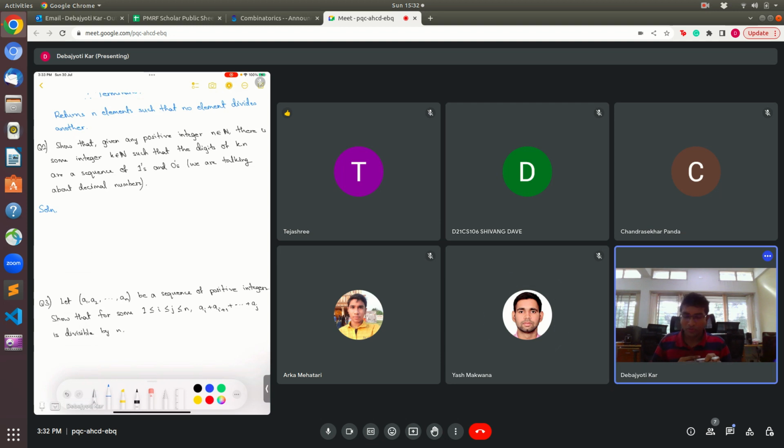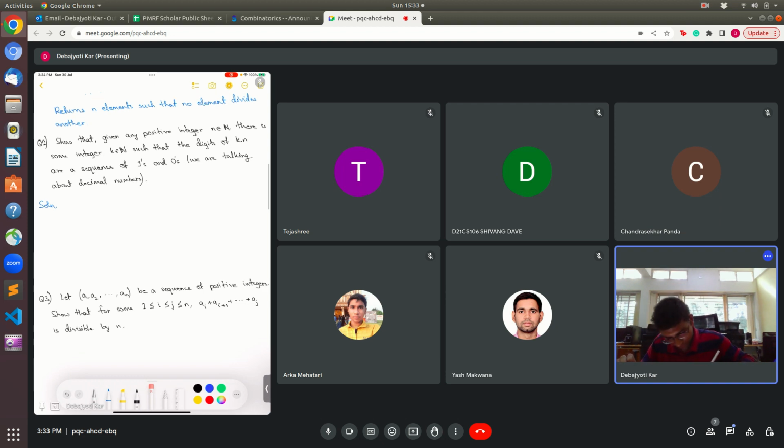Okay, so now how do we solve this? If we want to apply the pigeonhole principle, we have to create some pigeons and some holes. Now if we want to get some number which is divisible by n, we want to find a multiple of n which satisfies some properties. So what should the holes correspond to? The holes should correspond to the possible remainders when a number is divided by n, right? I think all of you know this.